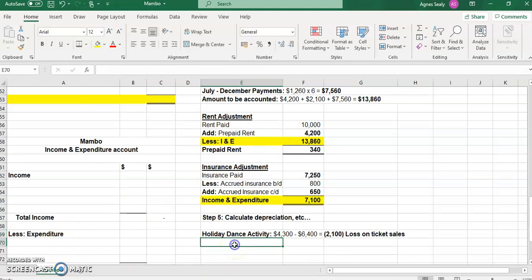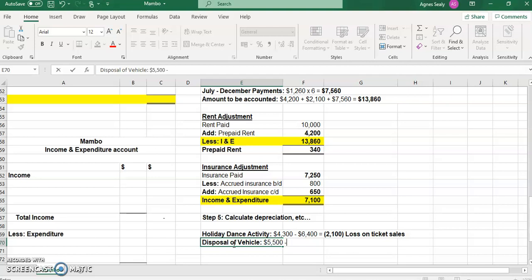Also, we recognize that they disposed of a vehicle. So let's see if they made a loss or gain on disposal of the vehicle. So disposal of vehicle or sale of vehicle. Let's see if they made a loss or gain. The value of the vehicle was $5,000. They sold the vehicle for $5,500.